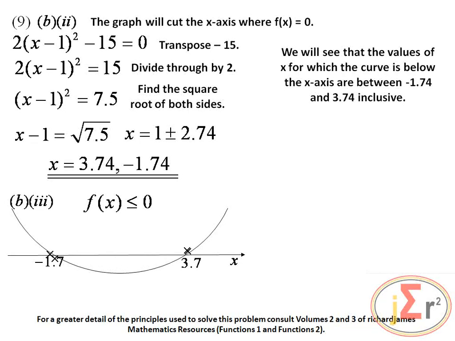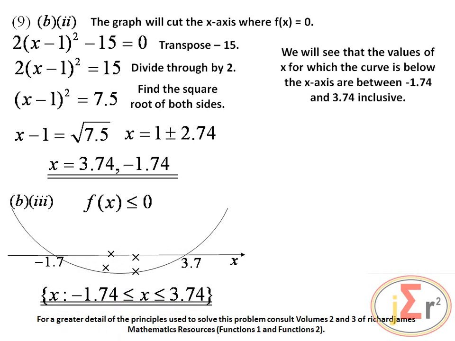So we are talking about that particular region, and we can specify that the region is between negative 1.74 and 3.74 inclusive. So we may write that as the set of x such that negative 1.74 is less than or equal to x is less than or equal to 3.74.